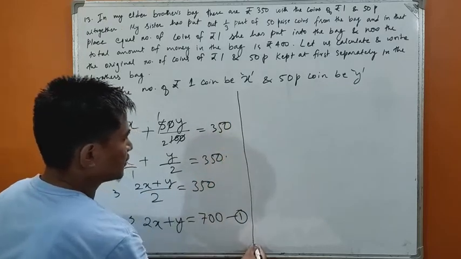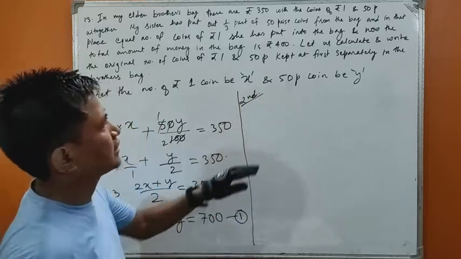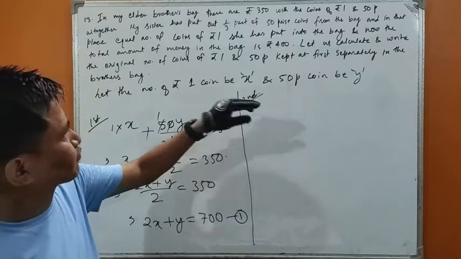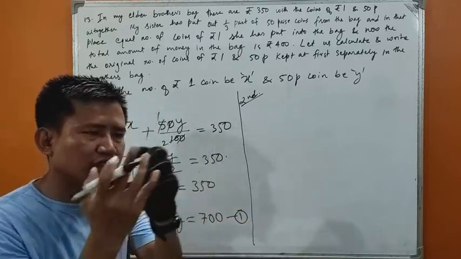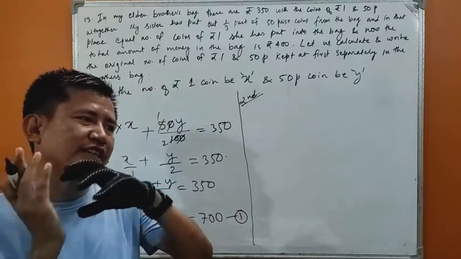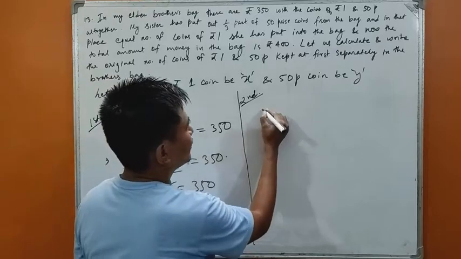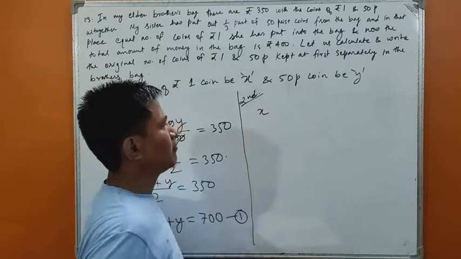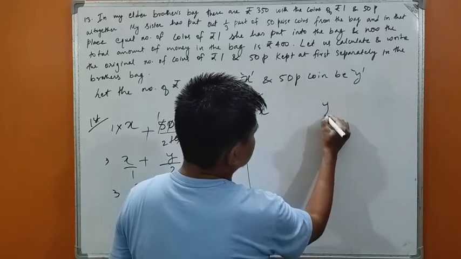Now let us see the second condition. Okay, what did that girl do? She took out 1/3 of the total number of 50 paise coins and put the same number of 1 rupee coins, isn't it? Initially there were x number of 1 rupee coins and y number of 50 paise coins.